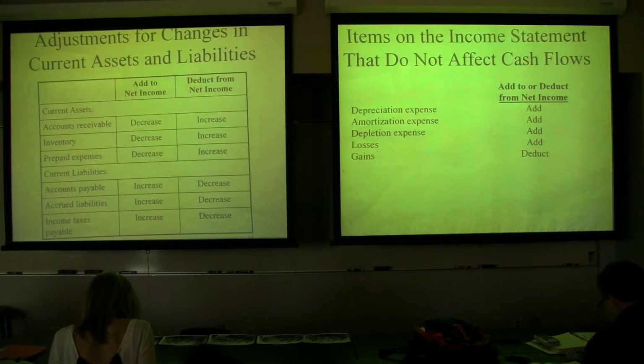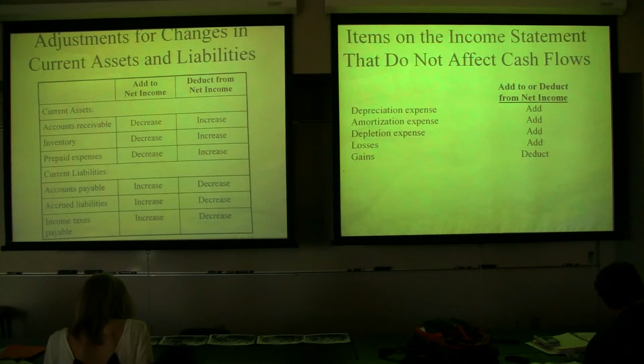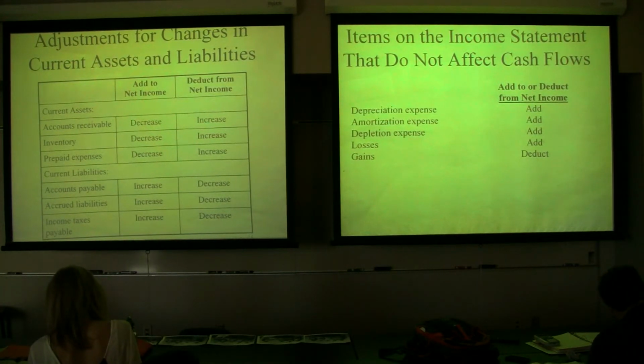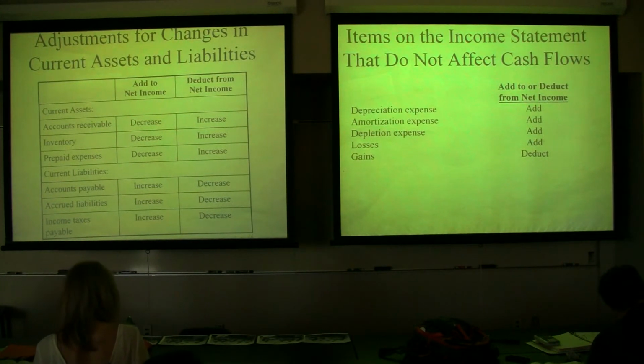Okay, so appreciation. Salary and interest. We're trying to get to cash. We only added things that were not cash transactions. So that was the top, right? The amortization, the depreciation.